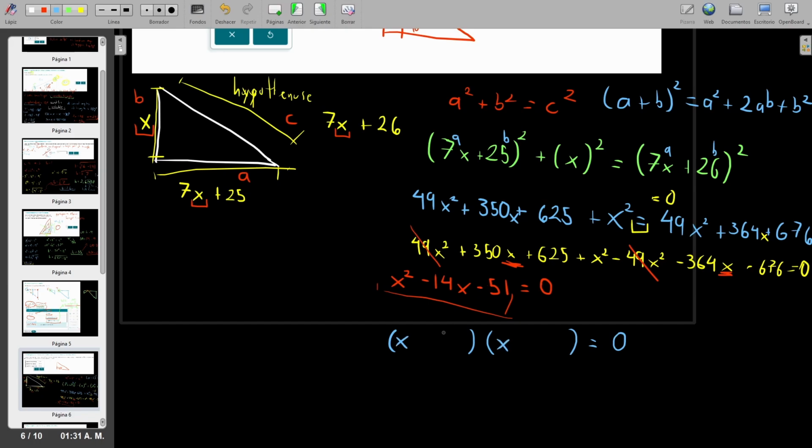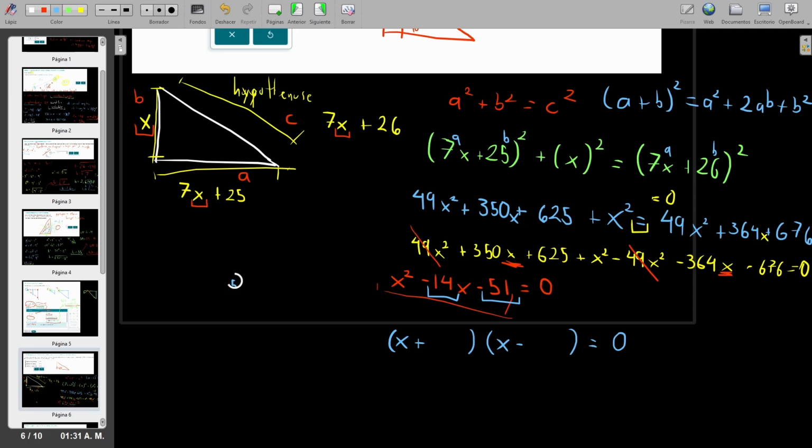As this value is minus, we need to find some value of plus and some value of minus. We need to find a value that multiplying is going to give us 51, but adding those two numbers are going to give us the value of 14. How do we do this?